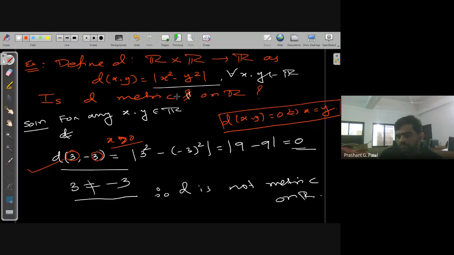Now there can also be a generalized form of this example. Can somebody have an idea how to go to the generalized form?